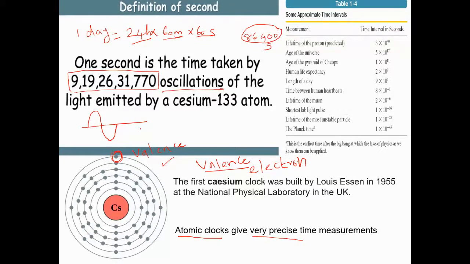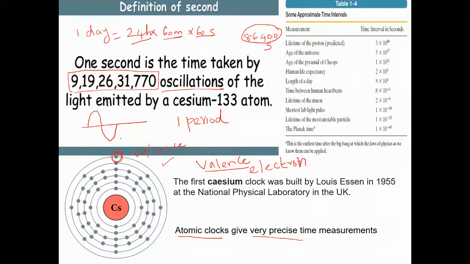The time to complete one wave is called one period. Now you can see this atom. How many periods will it produce by vibration? This electron will make 919263177 oscillations, and this is counted as 1 second.